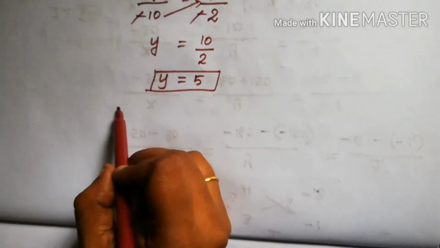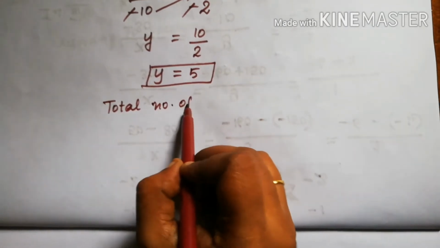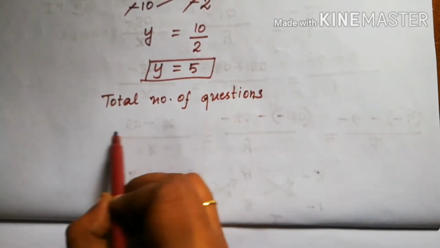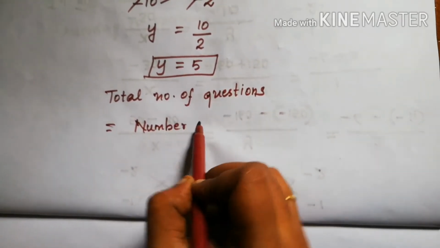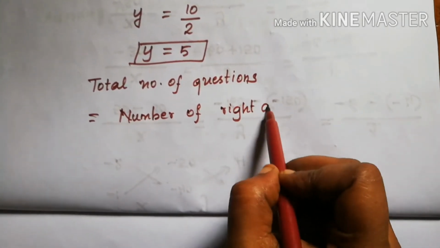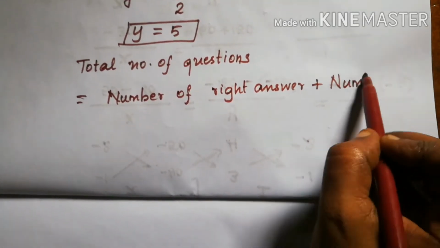So therefore total number of questions is equal to number of right answers plus number of wrong answers.